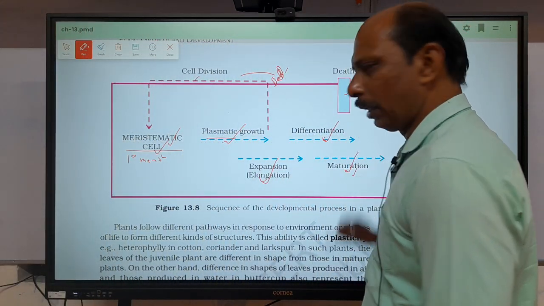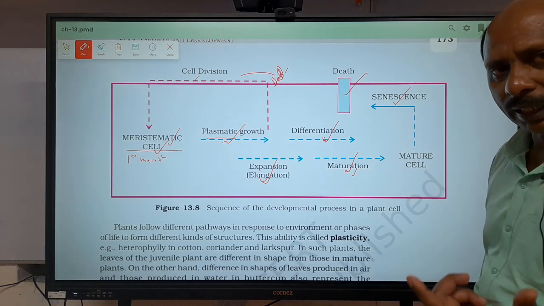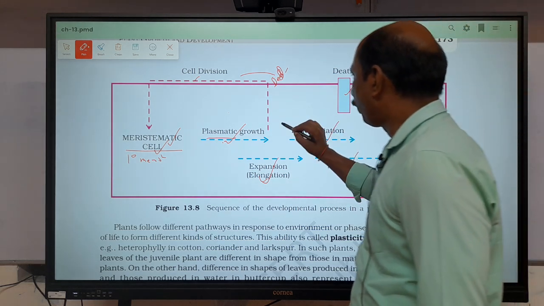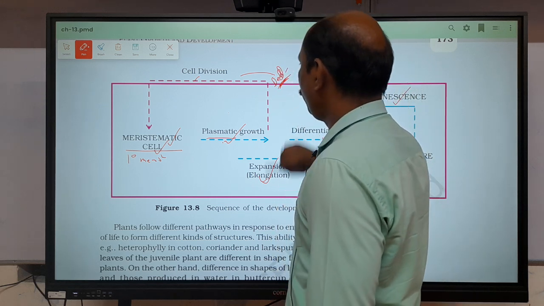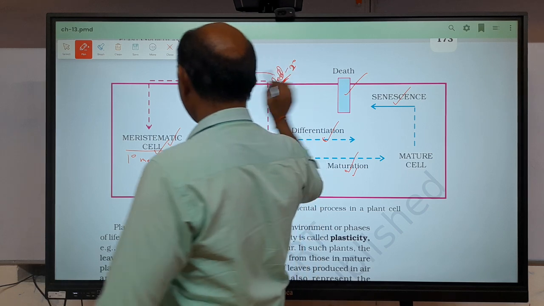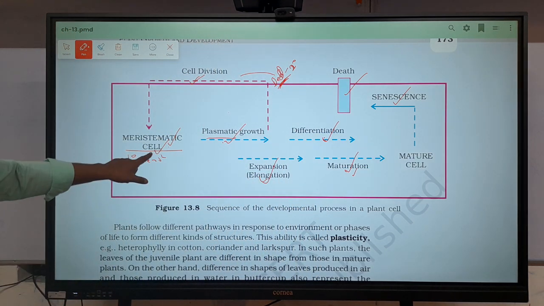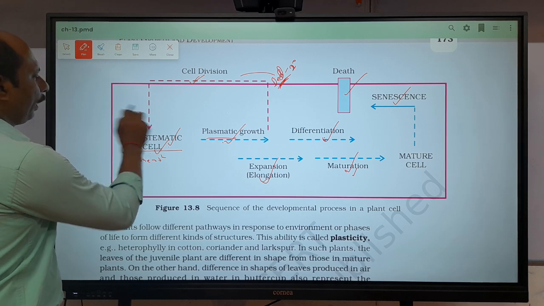Some mature cells, like parenchyma cells in case of medullary rays in dicot plants, differentiate into which meristematic zone? That is secondary meristem. Now secondary meristem is there, its cell division occurs, right? Now it becomes secondary meristem.